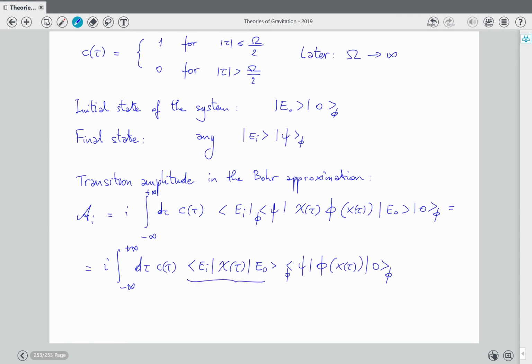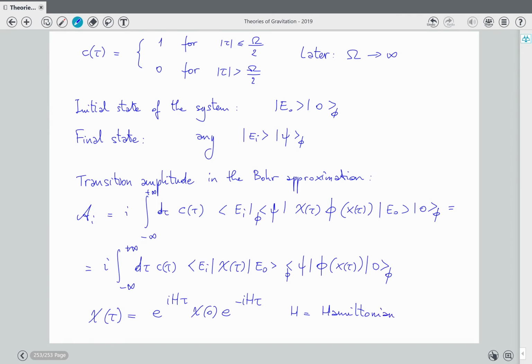Well, we can do some standard manipulation that you should be used to, because this operator chi of tau can be written as e to the iH tau chi of 0 e to the minus iH tau, where H is the Hamiltonian of the detector only, because now we have factorized.